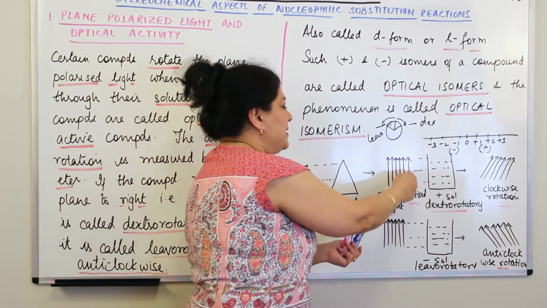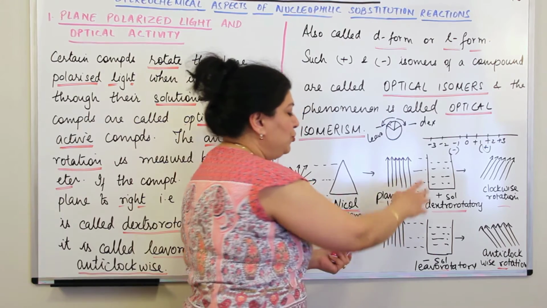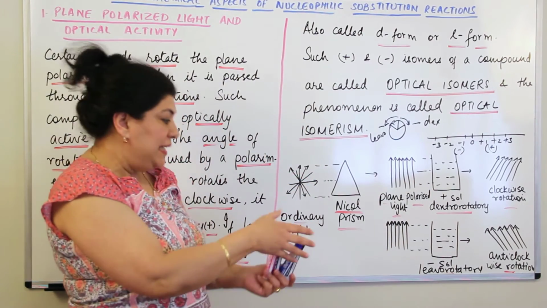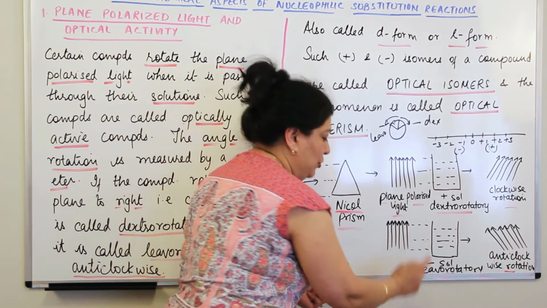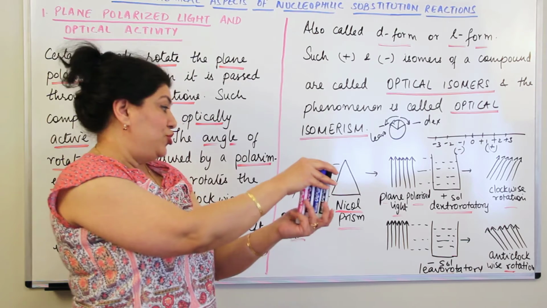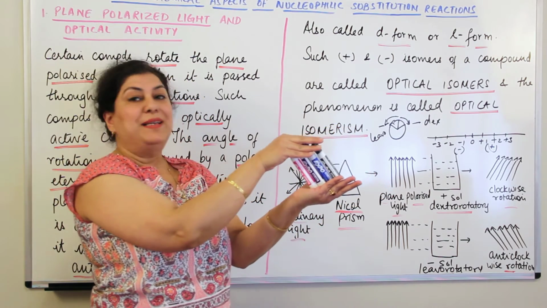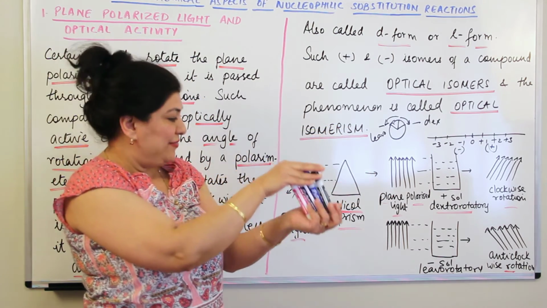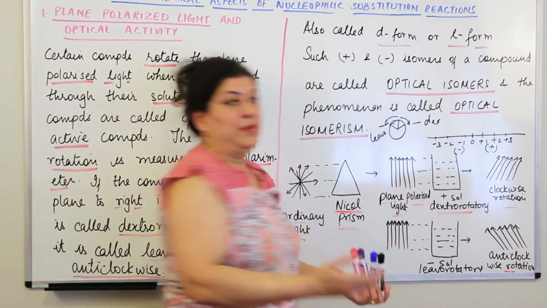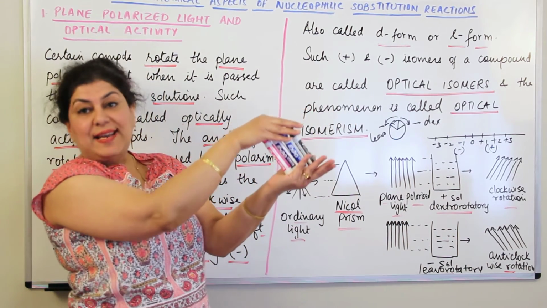And if we pass the same plane polarized light through the other isomer, which was levorotatory, the negative solution, then the plane of polarized light would be twisted by the same angle towards the left. And that is what we see here. The light is twisted anti-clockwise.